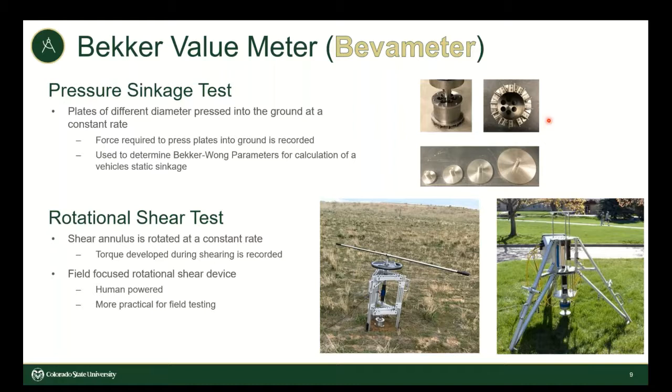The advantage of this test is it more accurately represents the stresses felt by a soil. The CSU team currently has two bevameters. One is the field-focused bevameter, shown on the bottom left. It is human-powered, and the normal force is supplied by dead weight, so it's easy to take into the field. We also are developing a fully automated bevameter, which we hope to have completed soon.